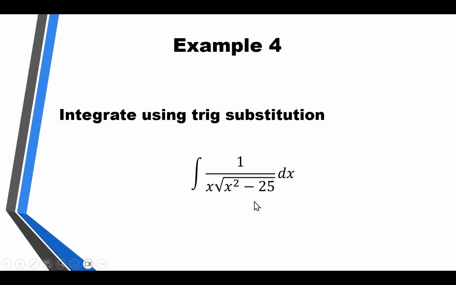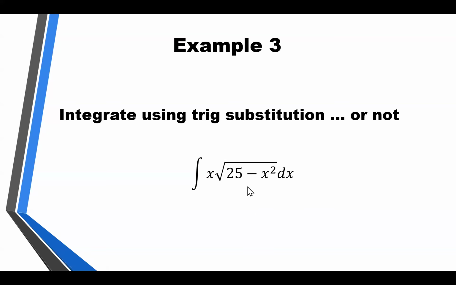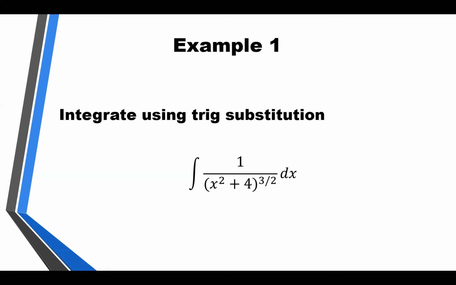Now, that being said, in the first two, trig substitution was the way to do these. Examples 1 and 2, doing any other type of substitution would not have worked out very well. It would have been more difficult.